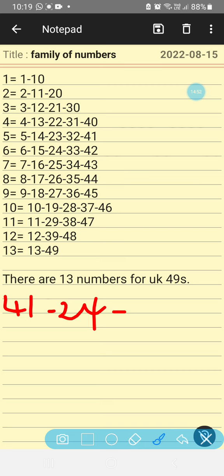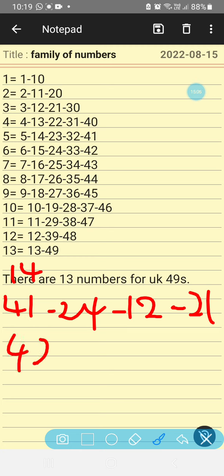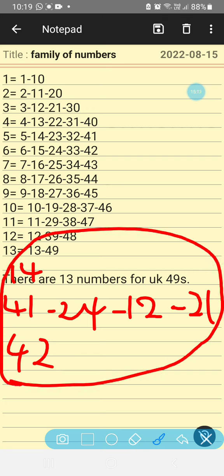Don't forget the 10, right, guys? 14, 41, 24, 12. And then I tented the 12 for you there. And then 42, I tented 24 for you there. So those are the numbers that I'm asking that you add on your trials there for bonus purposes, right?